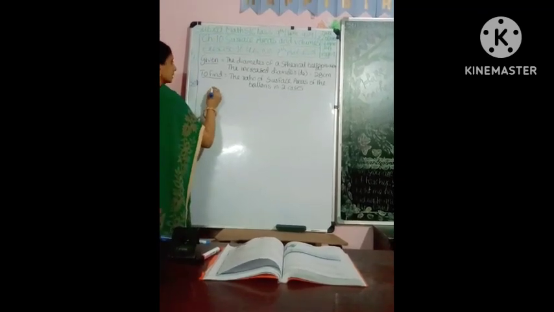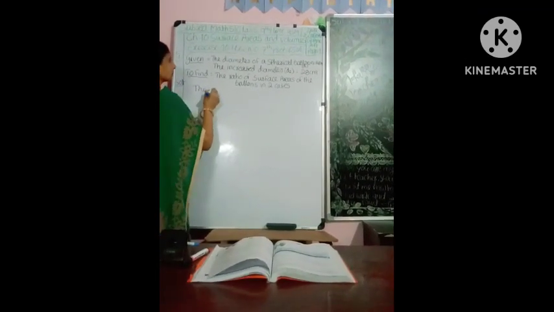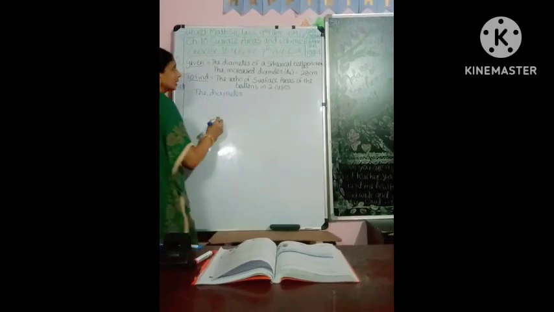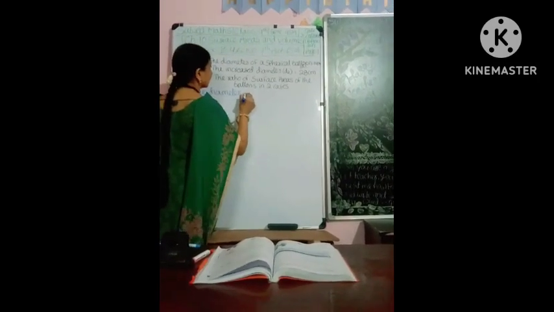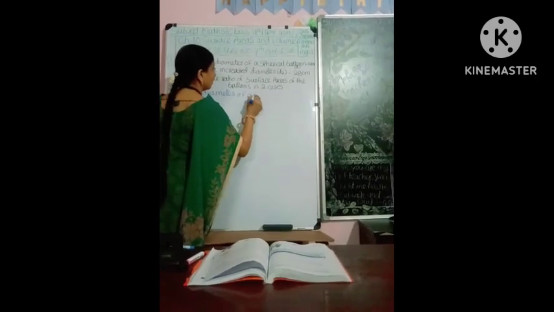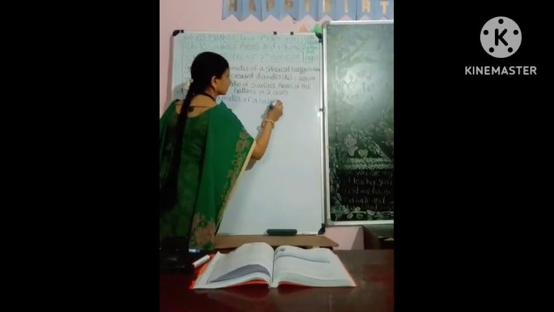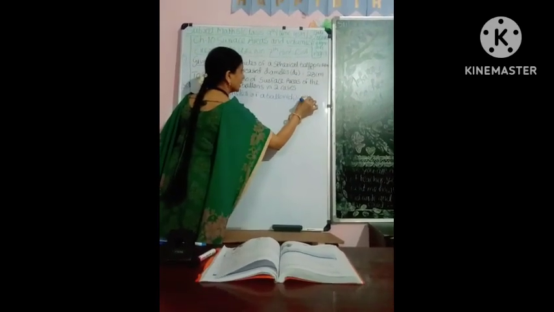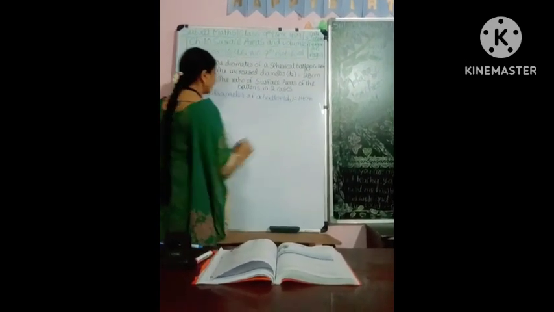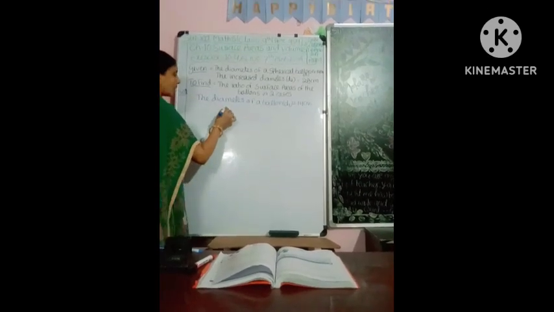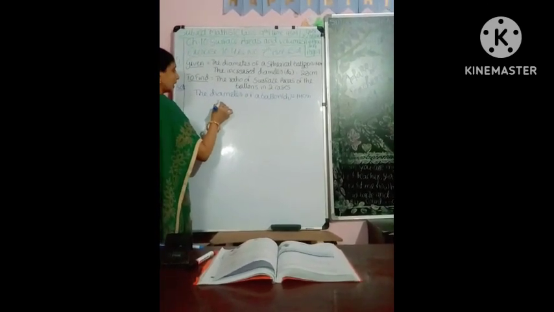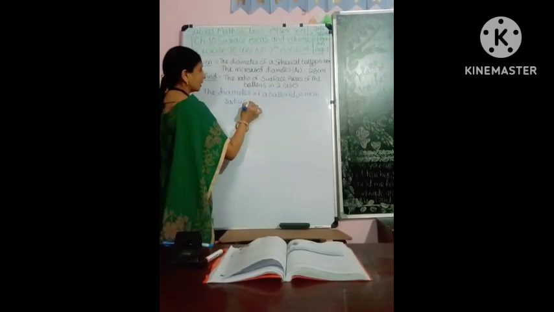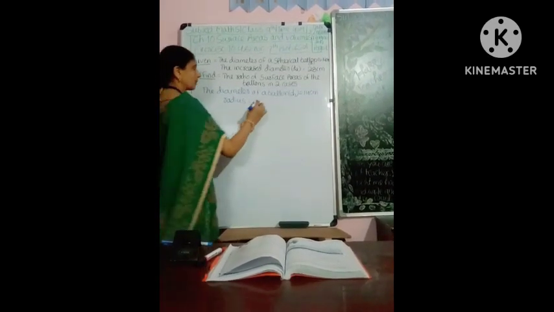Yeah, first the diameter of a balloon, D1 equals 14 centimeters. Okay, we want the R value. So R means the radius. How to calculate the radius? How will you calculate the radius from the diameter?